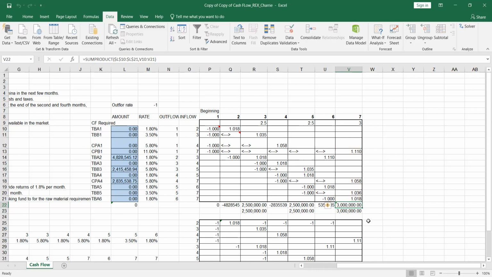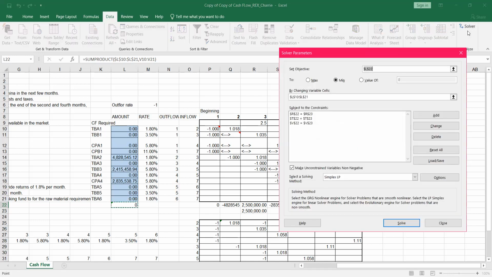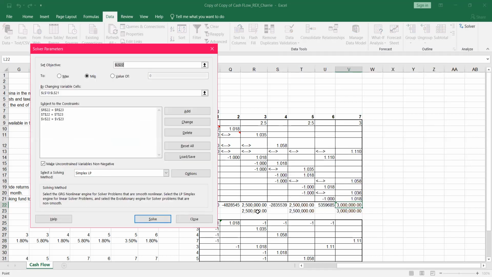So, 0, 0, 0 yan. Sige, tingnan natin solver mo. Let's look at your Solver. All right. L22. Let's minimize. Changing cells, L10. Could you kindly click L10 to L21? Yeah, that's correct. Yung constraints mo, R22 is equal to R23.